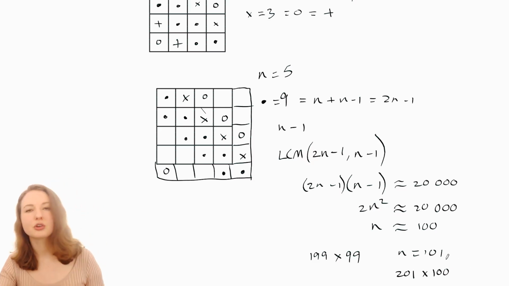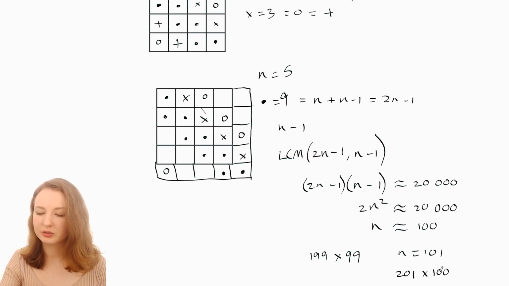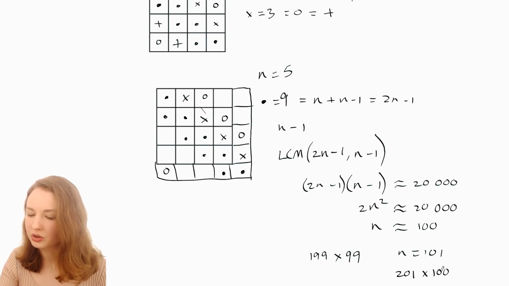Now we have to check for common factors, because that's going to mess with the LCM, like it's not going to equal that if there's any common factors between these two. But the only prime factors of 100 are 2 and 5, and neither of those divides 201. So we're good with that, that's going to be the LCM of those two numbers.